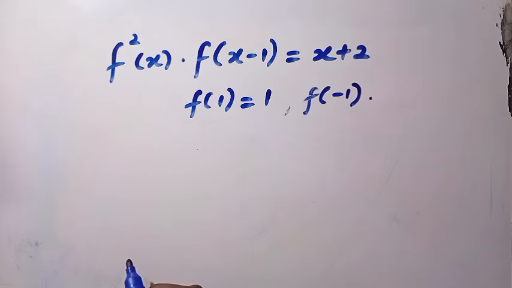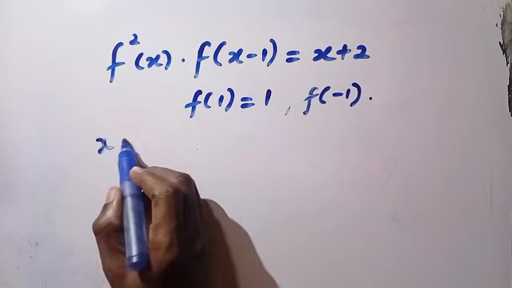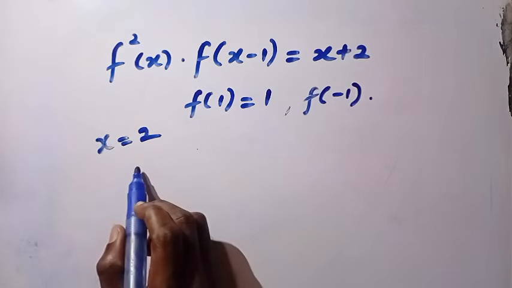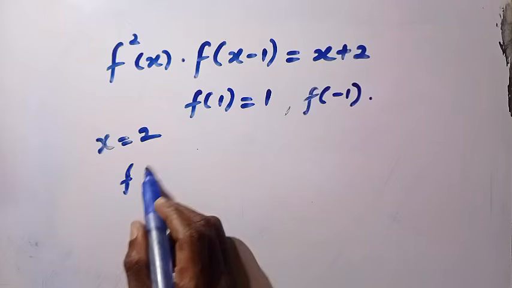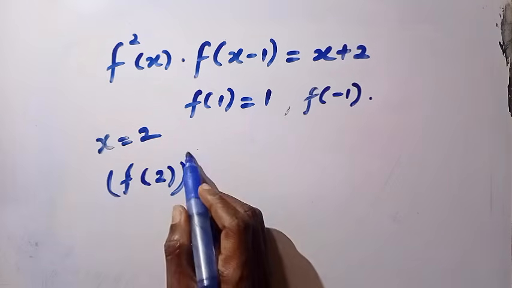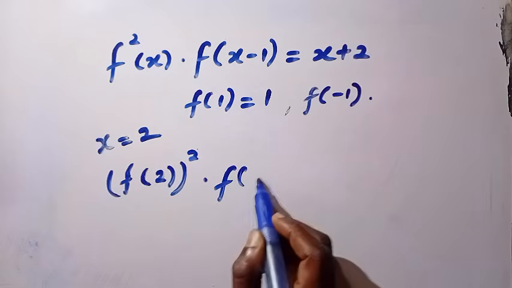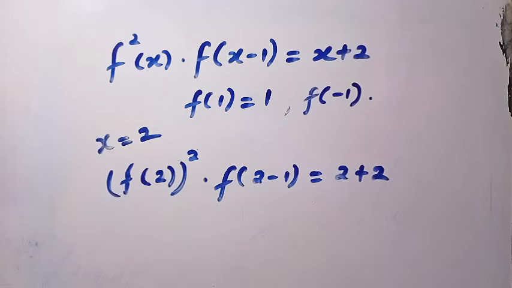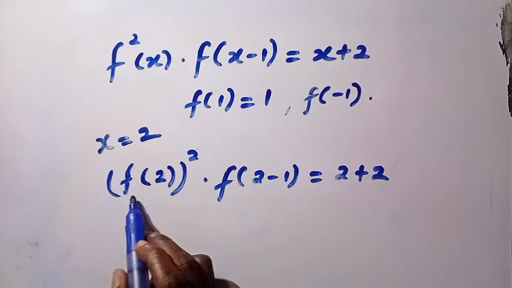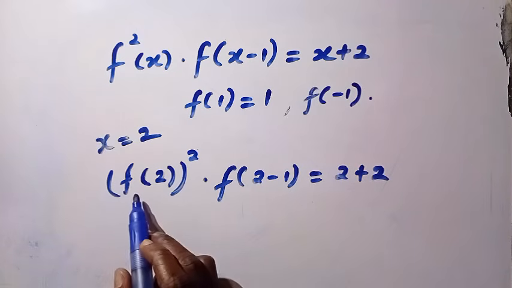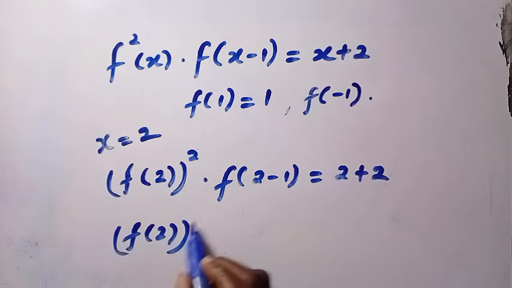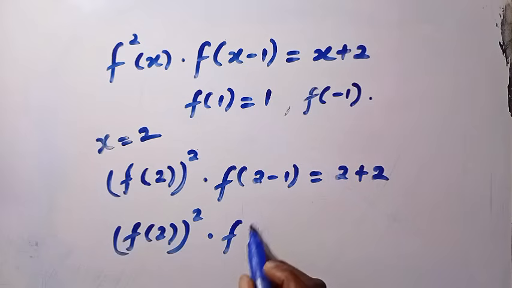To explore more patterns, suppose I set x equals 2. Then we are going to have f of 2 raised to the power of 2 multiplied by f of 2 minus 1 equals 2 plus 2. We don't know f of 2, so let's write it as f of 2 raised to the power of 2 multiplied by f of 2 minus 1, that is f of 1, equals 4.